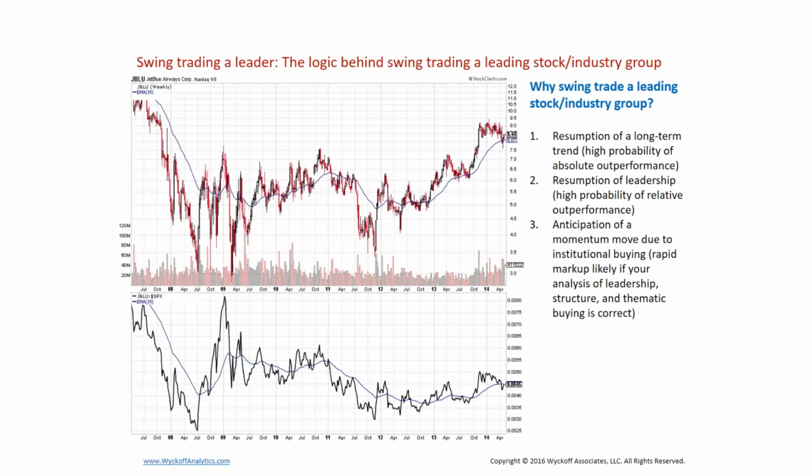So one of the things we also have to understand, especially for the long-term swing trader, and again, I'm going to reintroduce the definition here, the time frame is going to be from about 1 month to maybe 6 to 9 months.